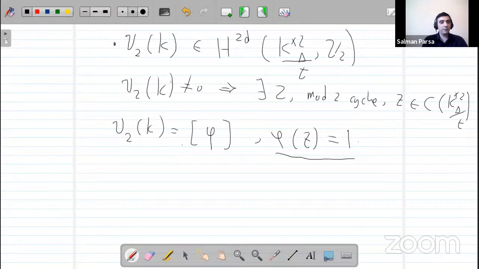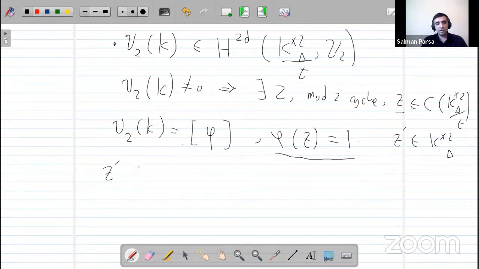So let's, to be correct, take this Z to be in the original space, not in the quotient, and this is some subcomplex.